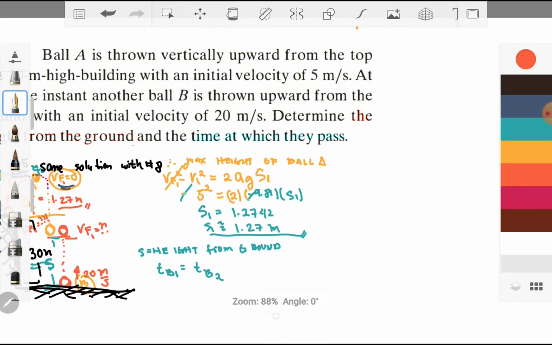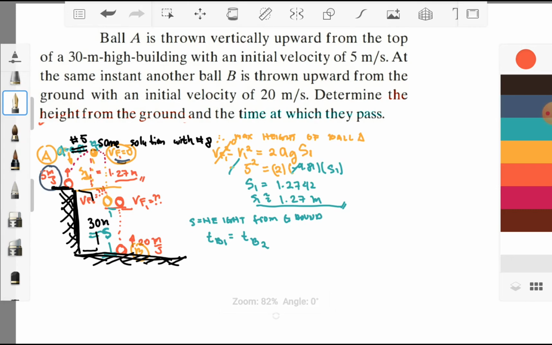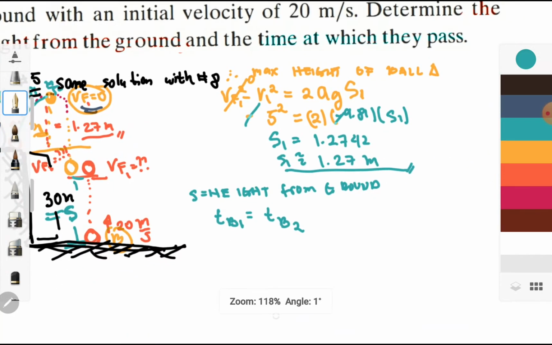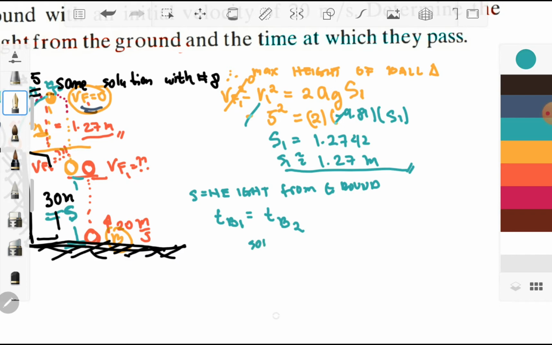Next thing that I will do is to compute the time interval wherein this ball will reach its maximum height. Okay. So solving for time ball A will reach max height.